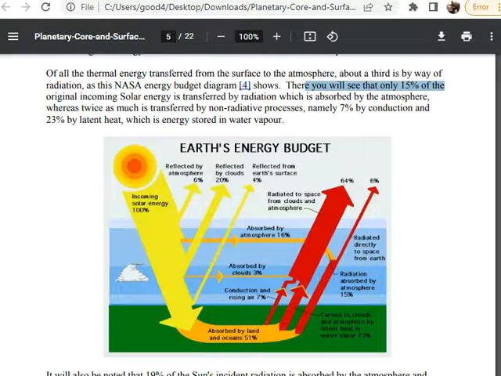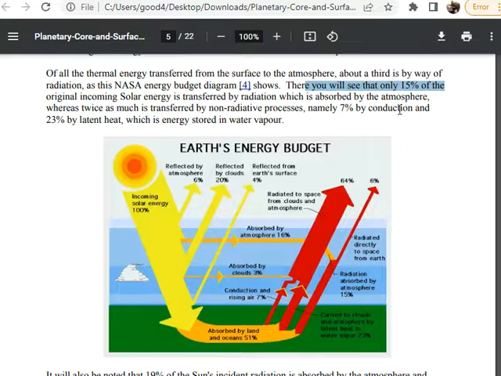So we have 21% coming up here, and then 21% divides into 15% that comes this way and gets absorbed by the atmosphere, and 6% goes directly to space.